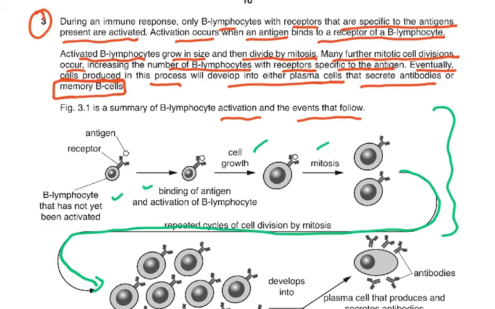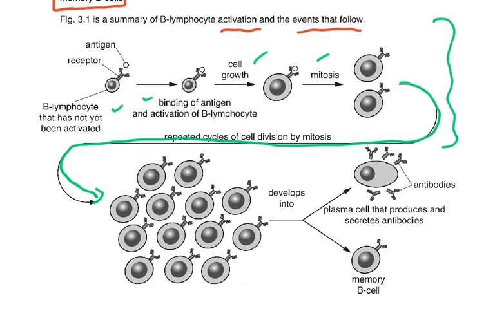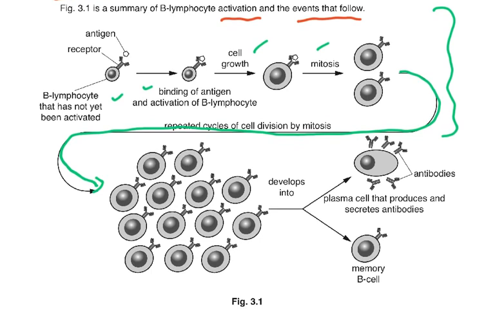And then of course we see how the antibodies are being made: it develops into plasma cells that produce and secrete antibodies, and memory B cells. You can see the antibodies are drawn here as well. Now this is figure 3.1.